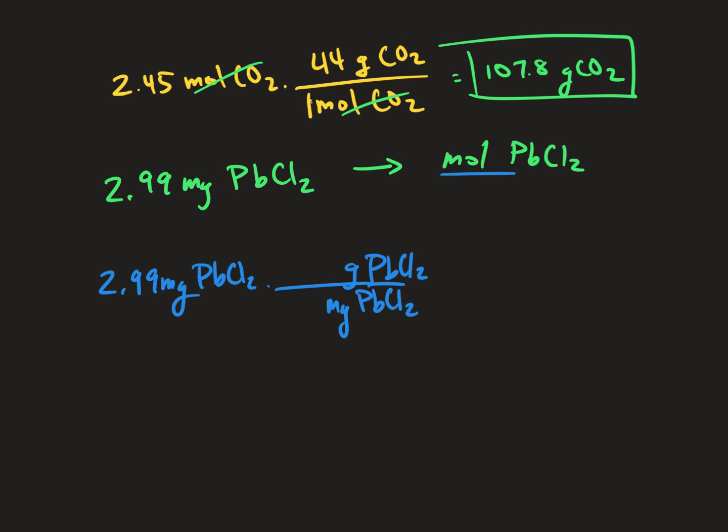So just remember, whenever you do a conversion problem, this top has to be the same value as that bottom. Double check that. So if we have 1 gram, let's use a different color here. If we have 1 gram, how many millis? What's a milli mean? 1,000th, right? Or 10 to the negative 3. And 10 to the negative 3, if you remember that, is 1 over 10 to the 3, right?